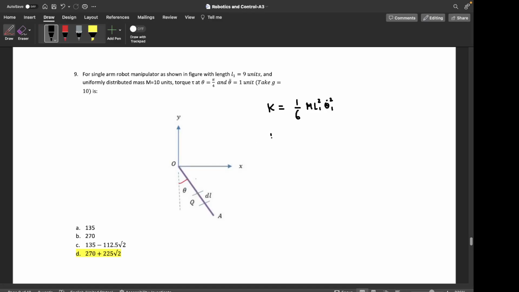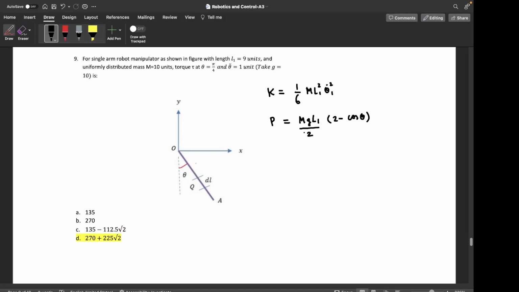And the potential energy is given as basically mg L1 by 2 into (2 minus cos theta).